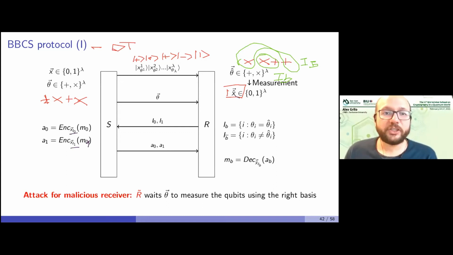Whenever she delays her measurements, she can fully learn X from the sender, and then she can arbitrarily split the sets IB and IB complement and decrypt both of the messages. So we still need to patch this protocol by adding some crypto in order to prevent this attack where a malicious receiver waits for the bases in order to perform the measurements.